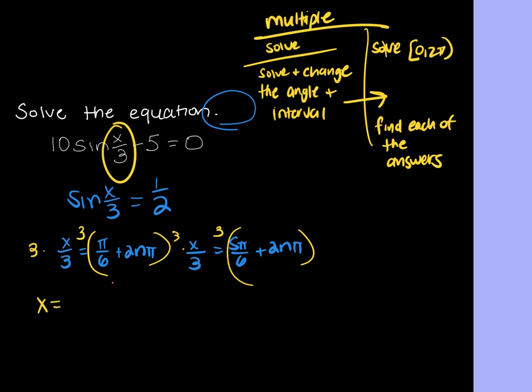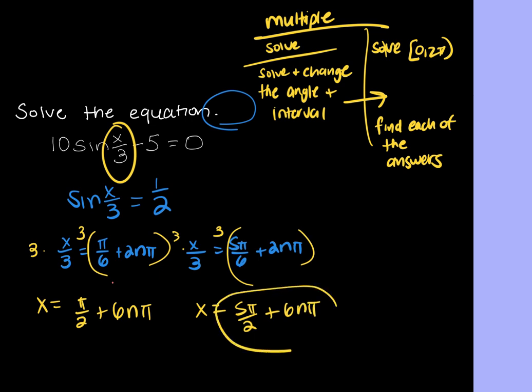And I get x equals 3 pi over 6, which becomes pi over 2 plus 6n pi. And then x equals 5 pi over 2 plus 6n pi.